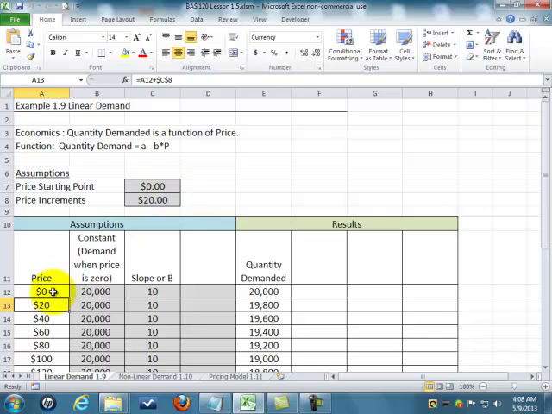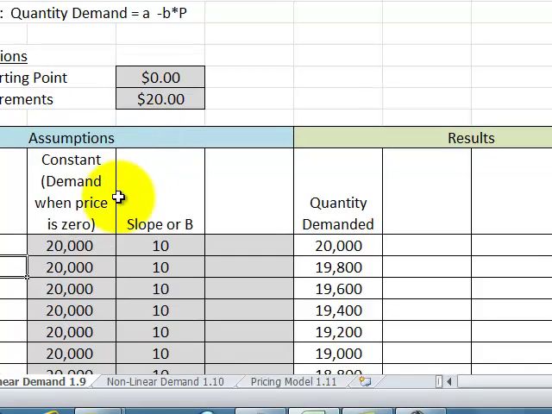I can model this linear function. In this example, they told us the constant was 20,000, so I input that, and they told us the slope was 10. And over here, we just do the equation, which I didn't lock because I want it to change at different price levels.